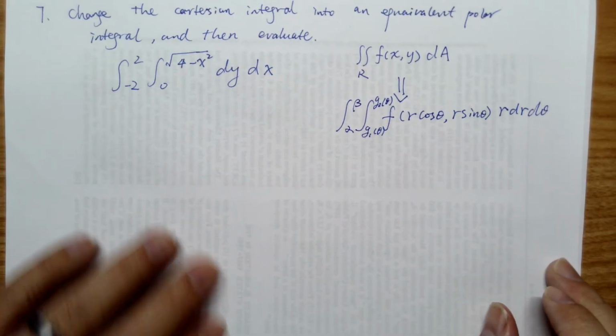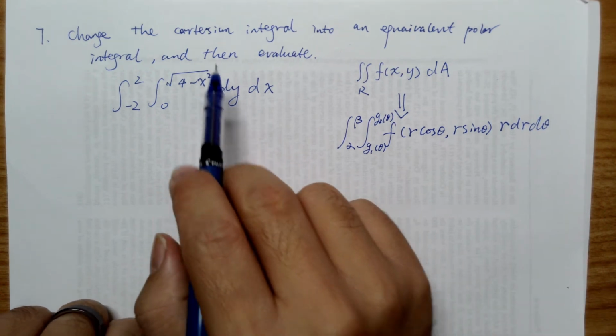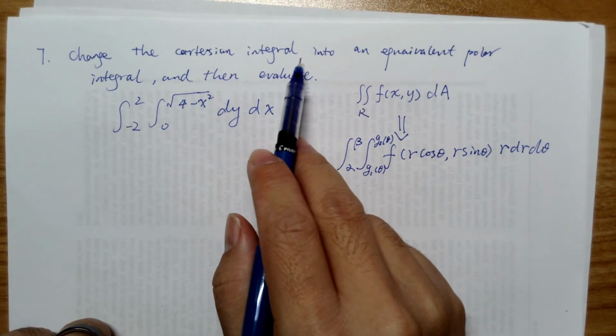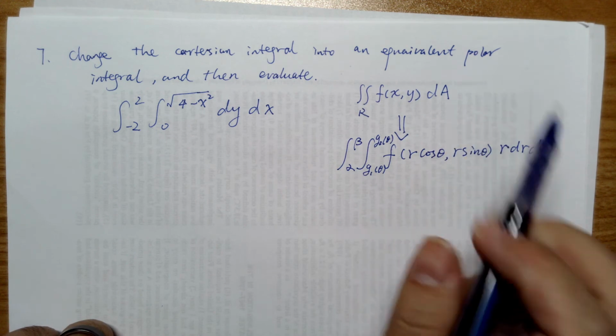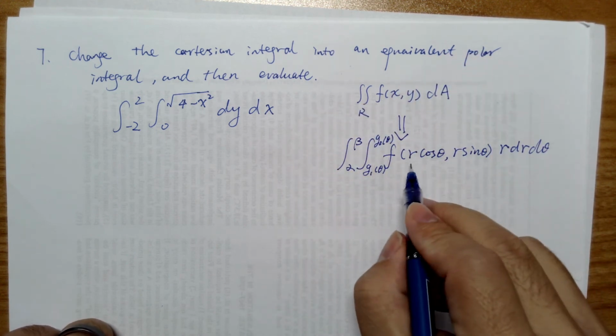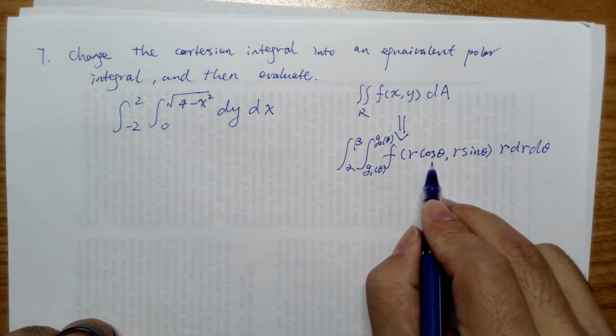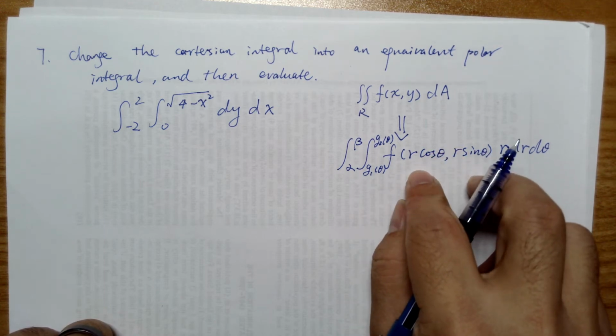Okay, so in other words, to change the Cartesian integral into the equivalent polar integral, you basically need to do a few steps. The first step, you need to substitute x and y in terms of r and theta, which is here.